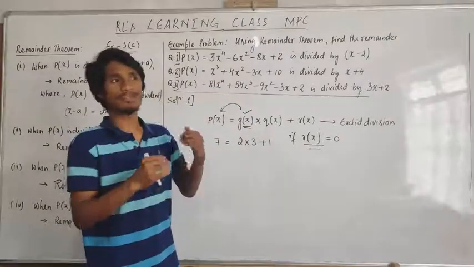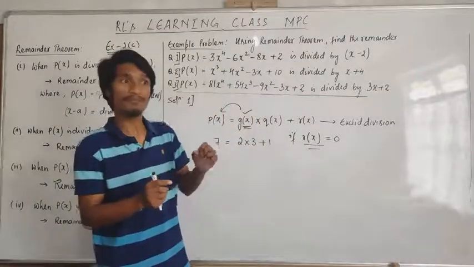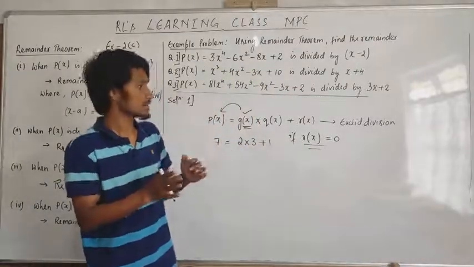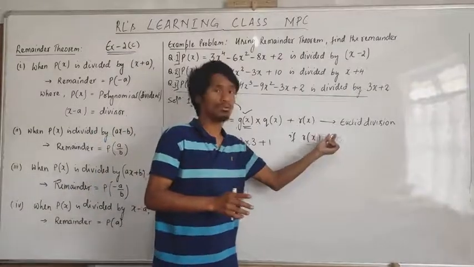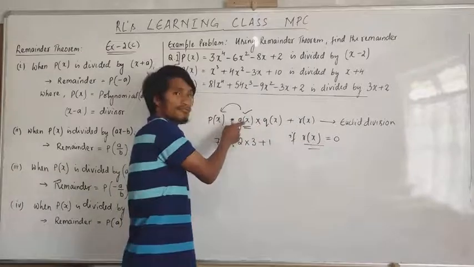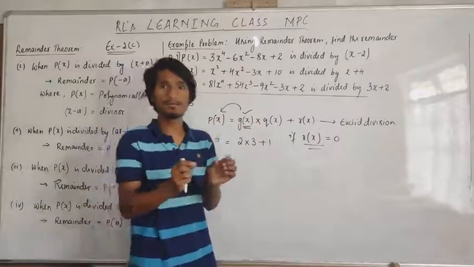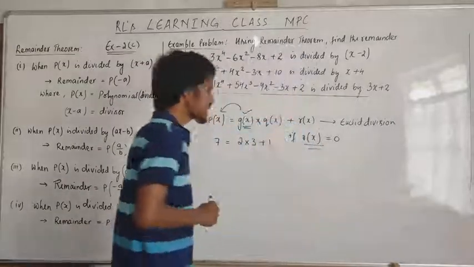Now, where is that factor theorem applied? When R of X is equal to 0. That factor theorem is for the case when the remainder is equal to 0. Now, if it is equal to 0, then this G of X will be a factor of P of X. What's the meaning of factor? It means the splitting, the multiplication.